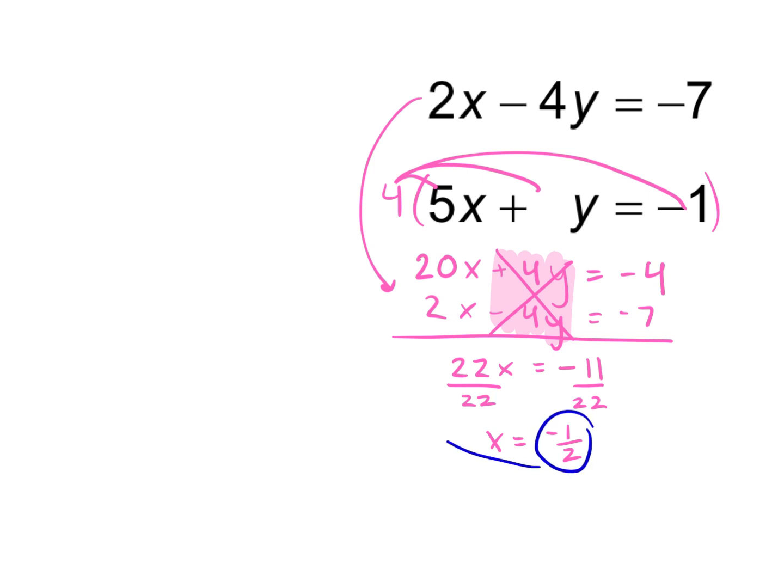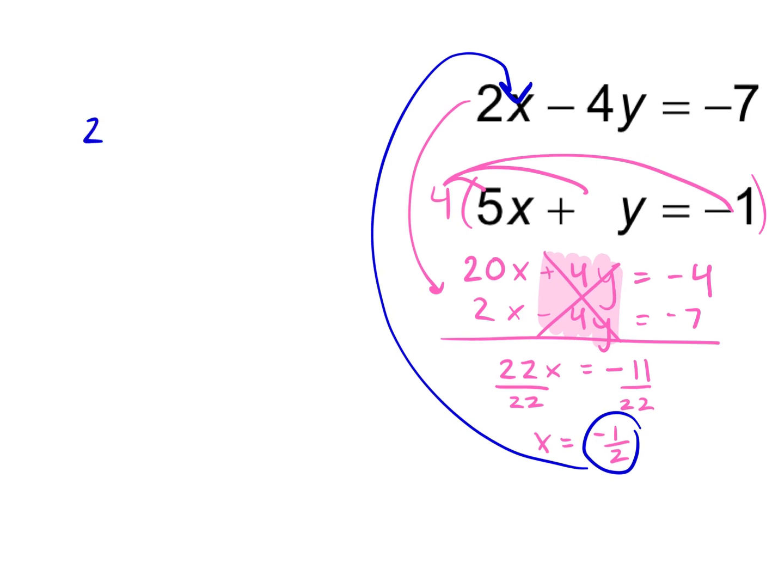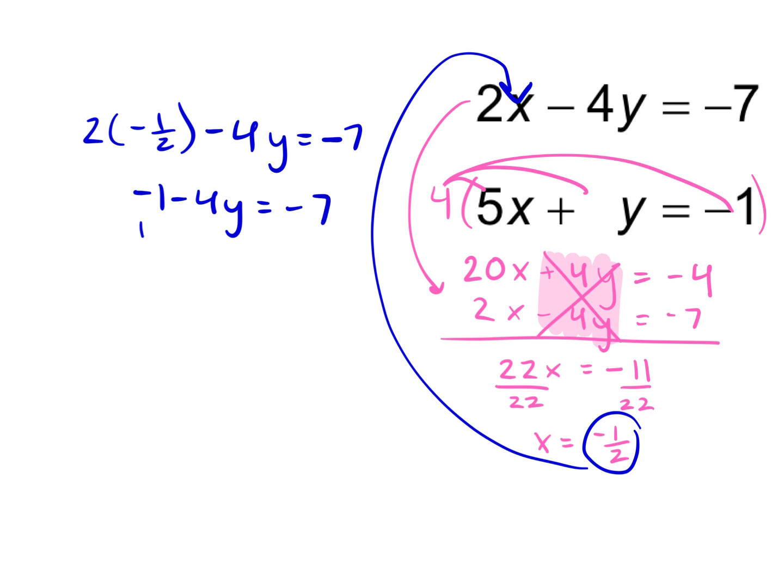So we're going to take negative 1/2 and plug it into the x. So we have 2 times negative 1/2 minus 4y is equal to negative 7. What's 2 times negative 1/2? Negative 1 minus 4y is equal to negative 7. We can add 1 to move it to the other side.